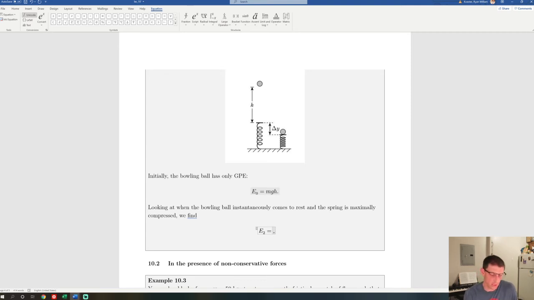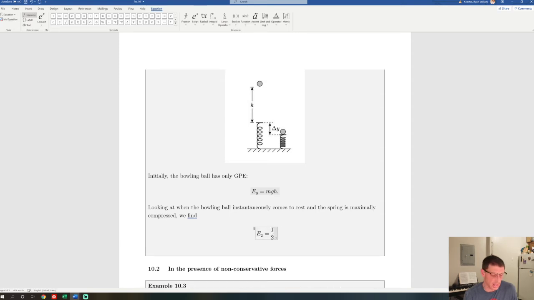But let's look at E2. There's going to be some elastic potential energy associated with the compression of the spring. And we're going to have a negative gravitational potential energy, because notice that in this position, the platform and the bowling ball are below our y equals 0.